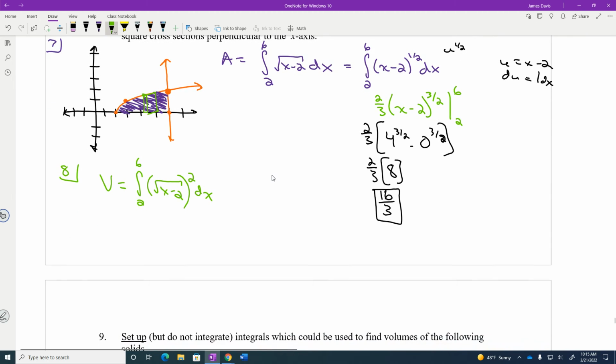So then find that volume, for example, the integral from 2 to 6 of x minus 2 dx.